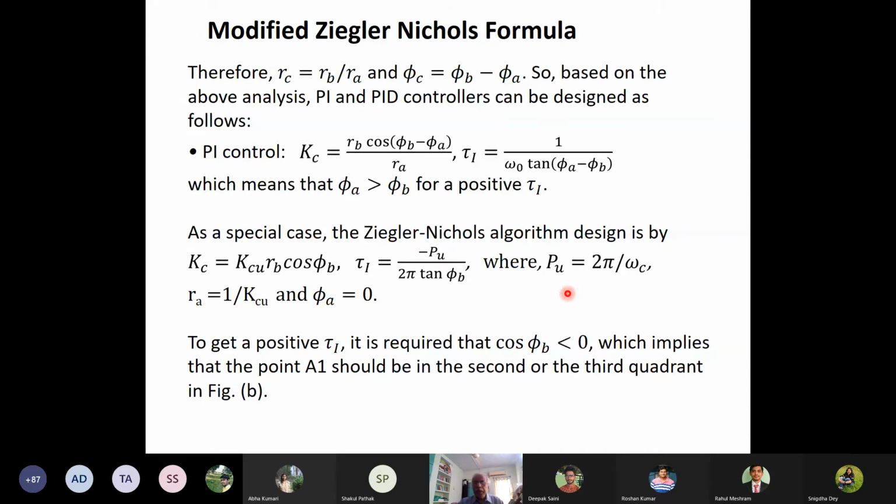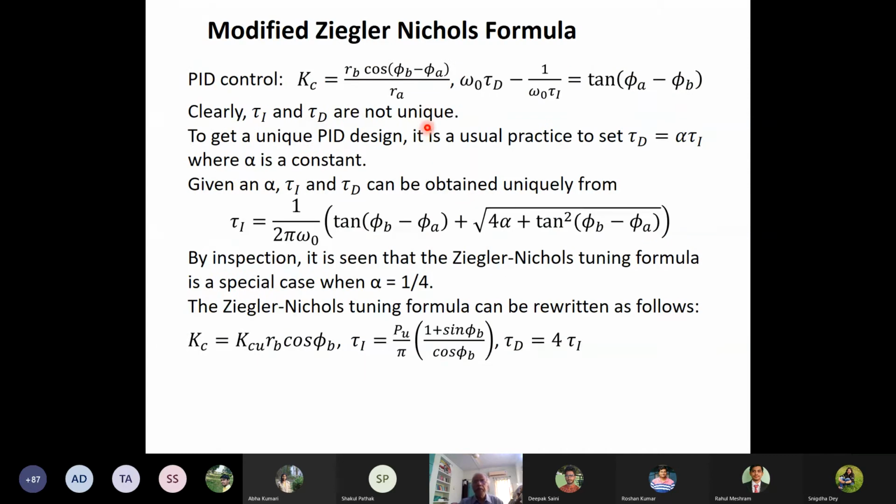The PID parameters, the derivative parameters, we can also find out using these relationships. We know omega 0 tau d minus 1 by omega 0 tau I is equal to tan(phi A minus phi B), which is basically the notch frequencies.